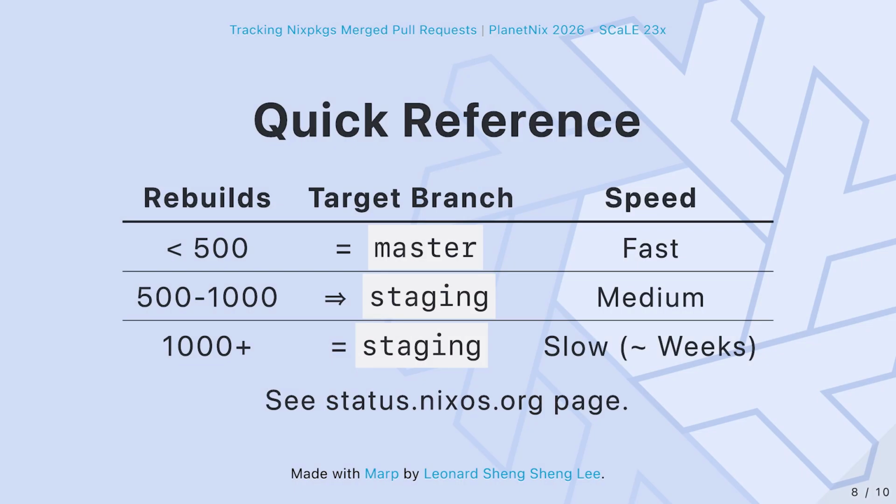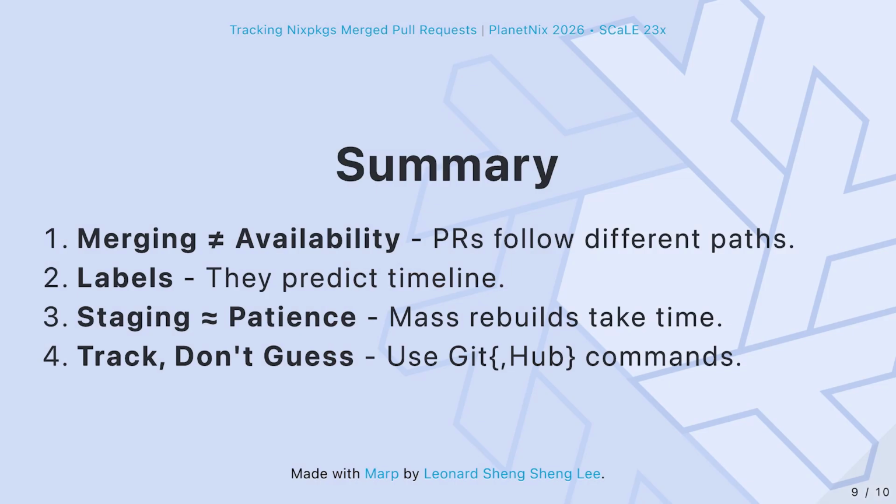So a quick reference: if the rebuilds are 500 or fewer, it's fast, going to the master branch. And if it's 1,000 or more, it would definitely go to the staging branch, and it may take weeks before it's made available to you, even though it is already merged in the pull request.